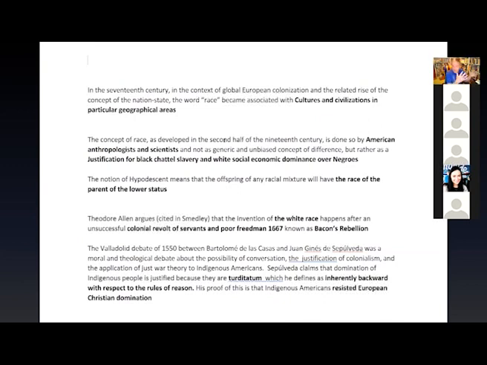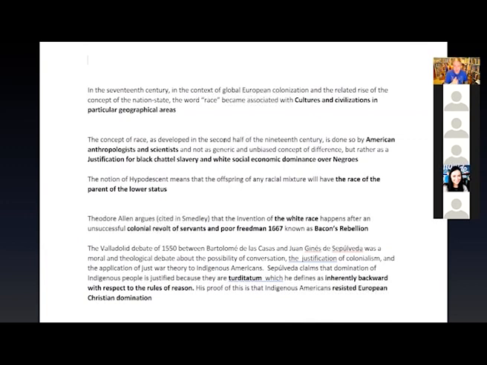Those places, the Americas, Africa, Asia, and so on, become racialized, not in the biological sense, but they're described as races, the American race, the African race. And they're cultural and geographical concepts that later become biologized into the race concepts.